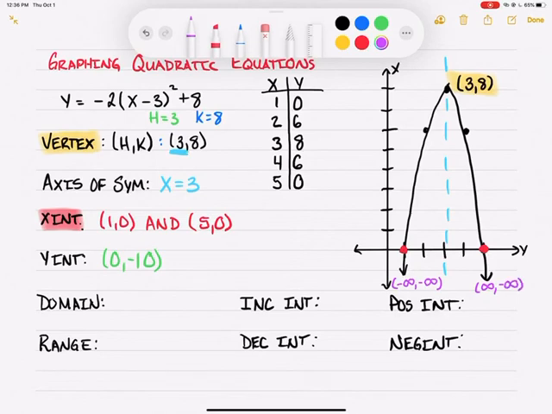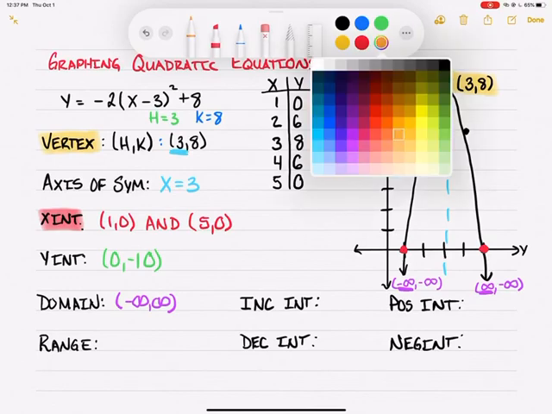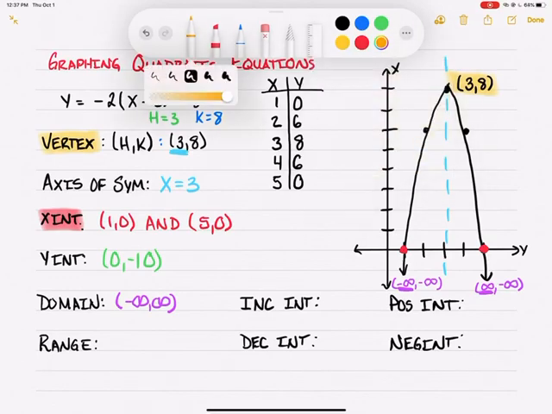My domain will always come from the x values of each of those arrows, which in this case is negative infinity to positive infinity. The range comes from the y value of the vertex, which in this case is 8, and the y value of the arrows. So from the smallest, which is negative infinity, to the largest, which is 8, this is the range.